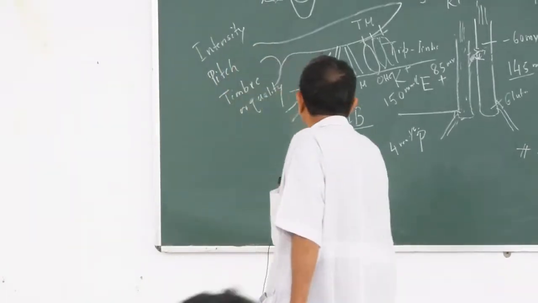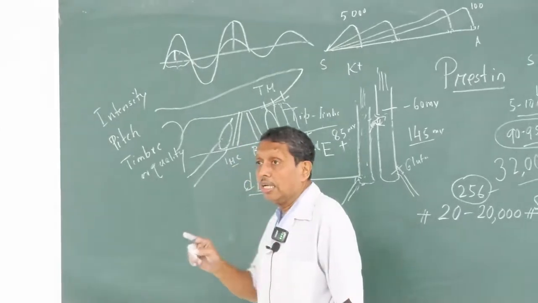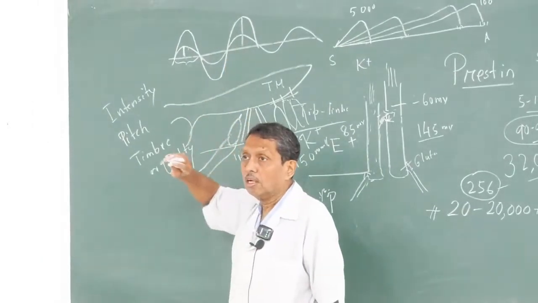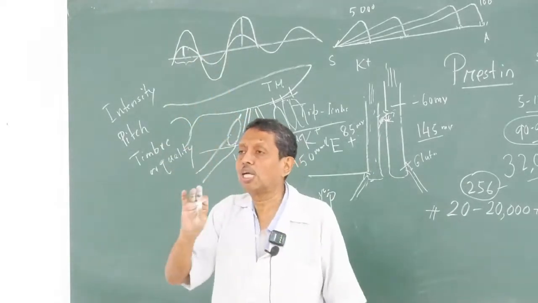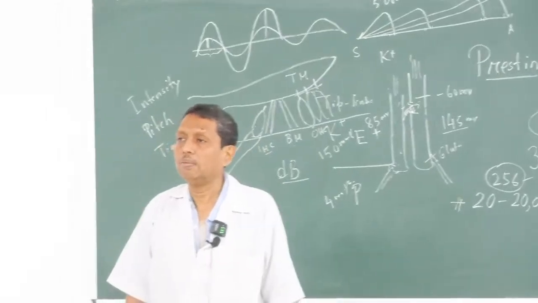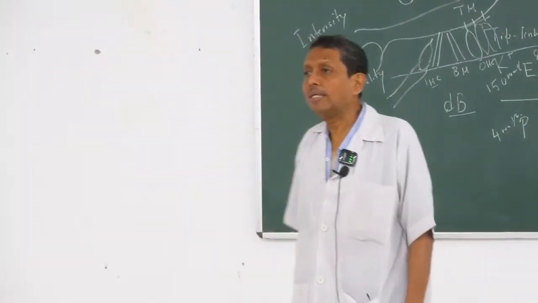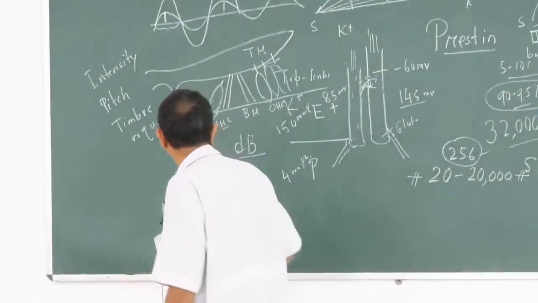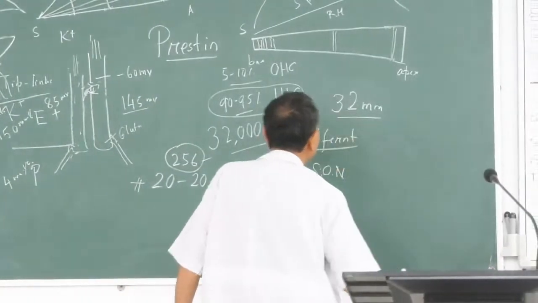And the intensity depends upon the maximum pressure that develops, the root mean square pressure, or simply the sound pressure level. It is the bel, and one tenth of a bel is a decibel. So this is the last part of our discussion for this day.